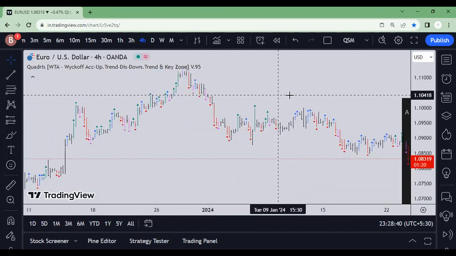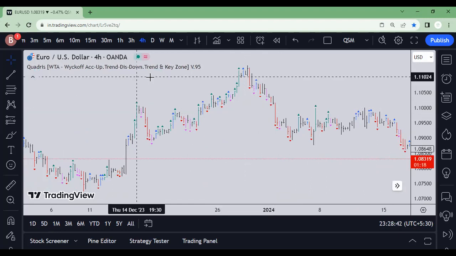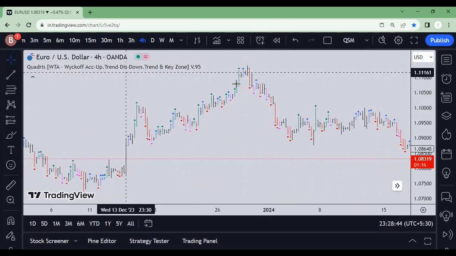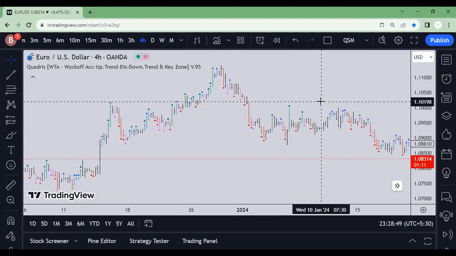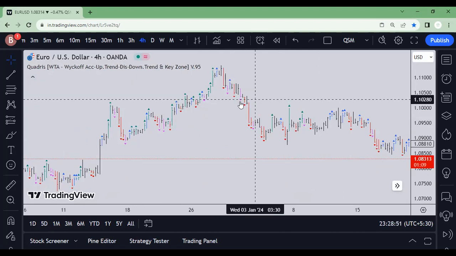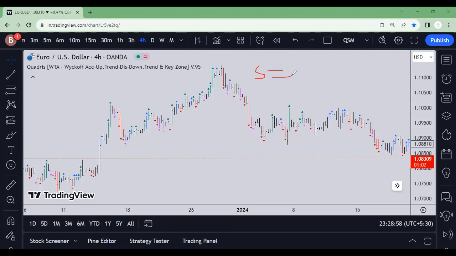So I tried to do this schematic analysis, and I came up with an idea to see where supply is, or sellers are exchanging hands with buyers, and buyers are exchanging hands with sellers.